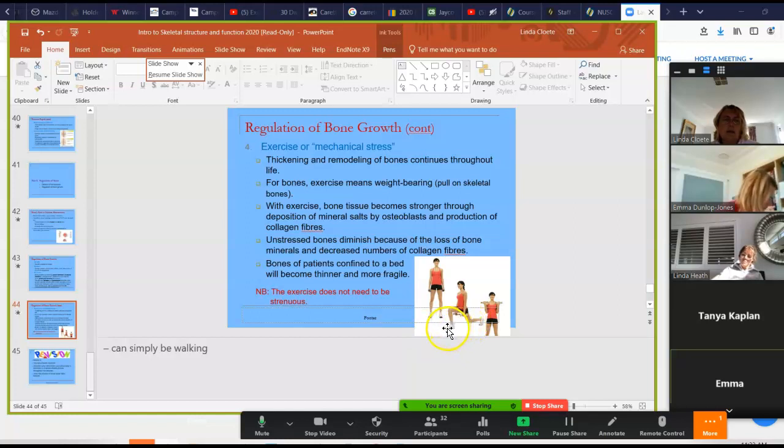And then obviously you need to make sure that you have the right hormones. When people's sex hormones start falling, there's a higher risk for osteoporosis because the sex hormones actually contribute towards bone formation. So just those things in terms of nutrition and exercise are important to understand in terms of bone growth.